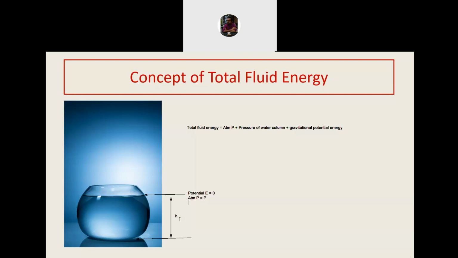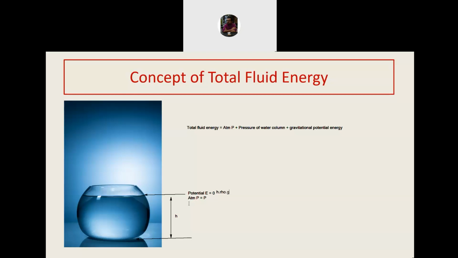But I'd like to modify the statement a little bit. The potential energy in this case is actually not 0. The potential energy depends on the height. So the potential energy is actually equal to h rho g, where h is the height, rho refers to the density of the water, and g is the acceleration due to gravity.